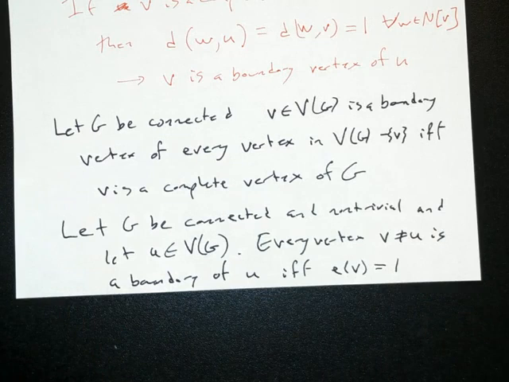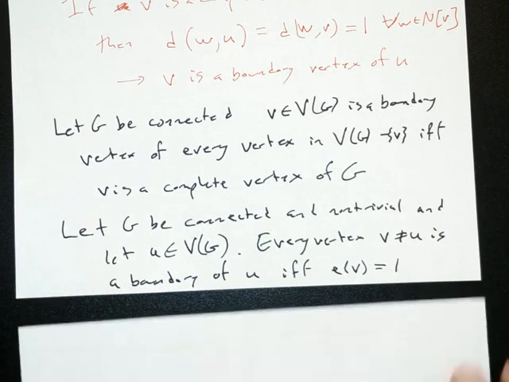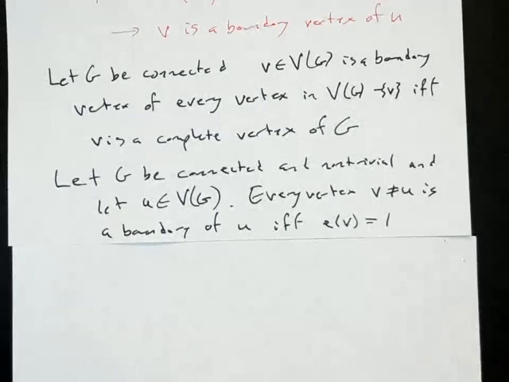Well, wait a minute. Why is that true? Not necessarily all the other ones, but this one has eccentricity 1. U itself has eccentricity 1. I claim every other vertex is a boundary of that one.